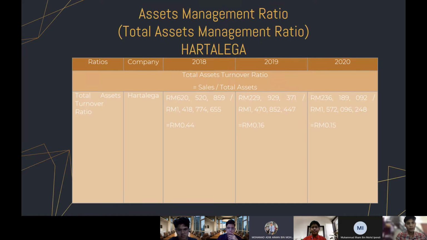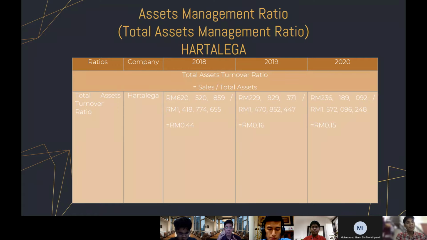So next, we begin with Hartalega Company. The formula is the total asset turnover ratio, which is sales divided by total assets. For Hartalega, I computed the total asset turnover ratio from 2018 to 2020, and it shows that 2018 has the highest ratio, which is 0.44.